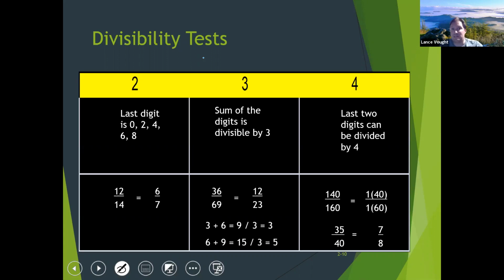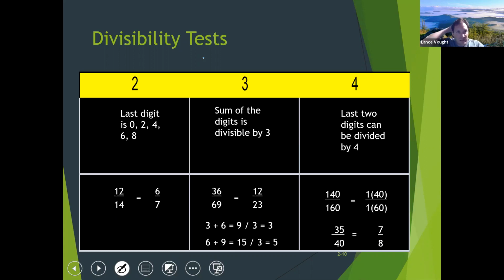So it might not seem like 36 or 69 is divisible by 3 on its face, but if you add 3 plus 6, that's 9. 9 divided by 3 is 3, so it's divisible by 3. 6 plus 9 is 15. 15 divided by 3 is 5, so that's divisible by 3. So it's really fascinating to know that you can divide this out by 3 because of this weird quirk.